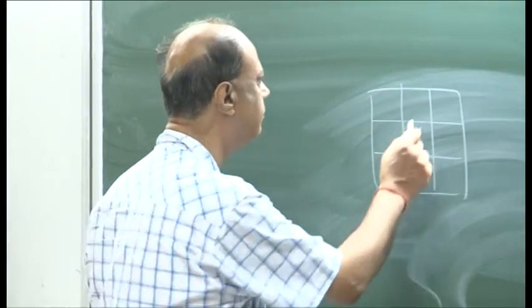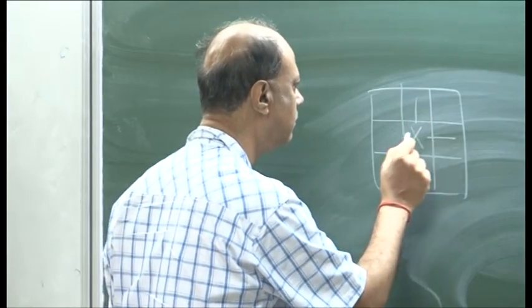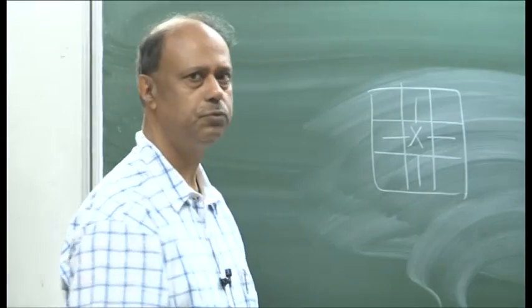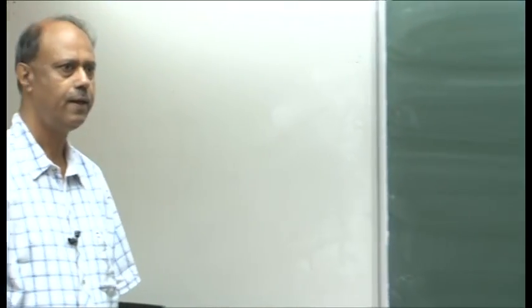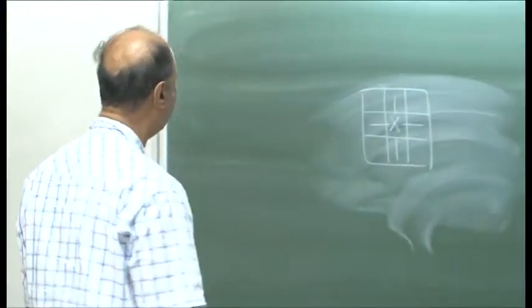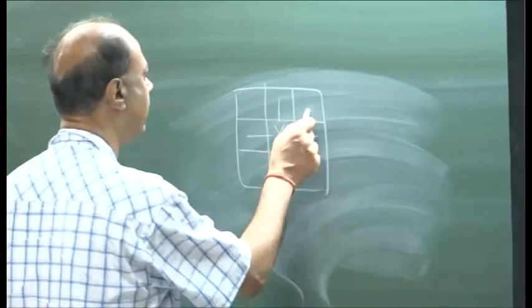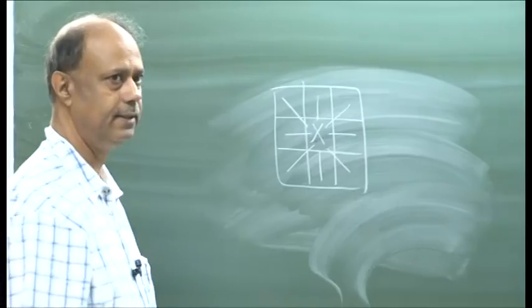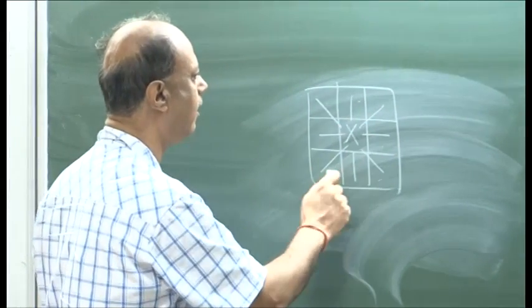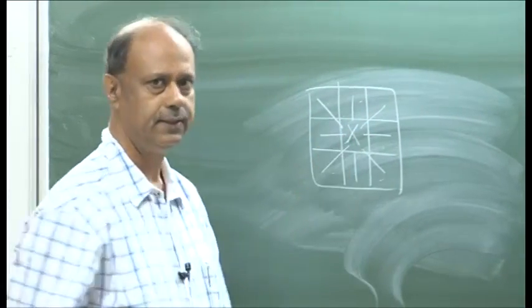One choice could be these four, they are known as 4 connected neighbors. Another one is 8 connected. Right. These 8 are neighbors of this pixel.